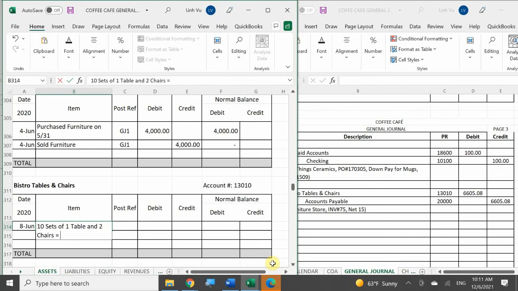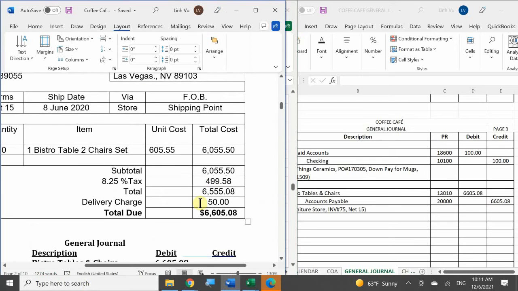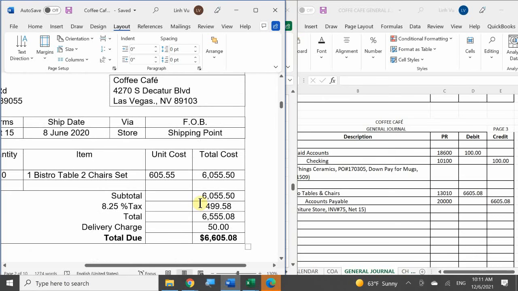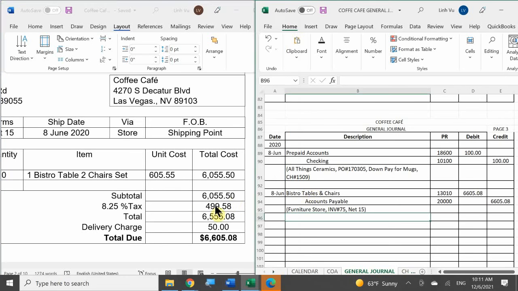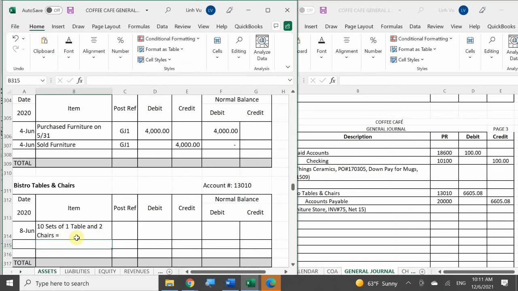And you could say your total cost for that amount was $6,055.50 plus $499.58 of tax, plus $50 shipping.